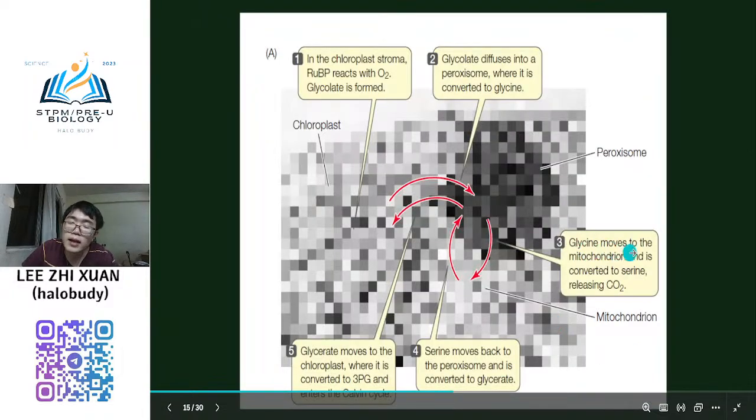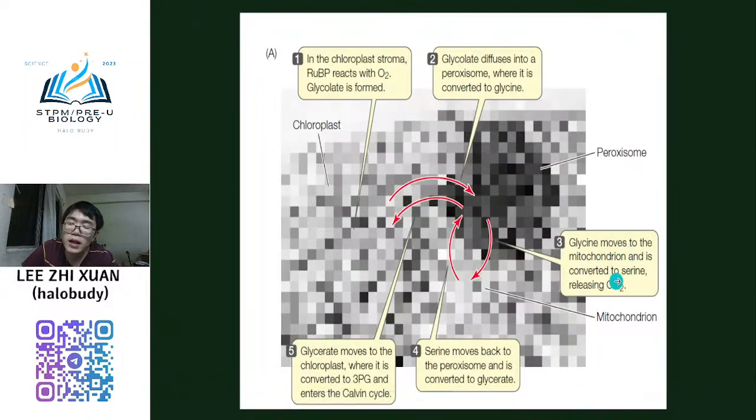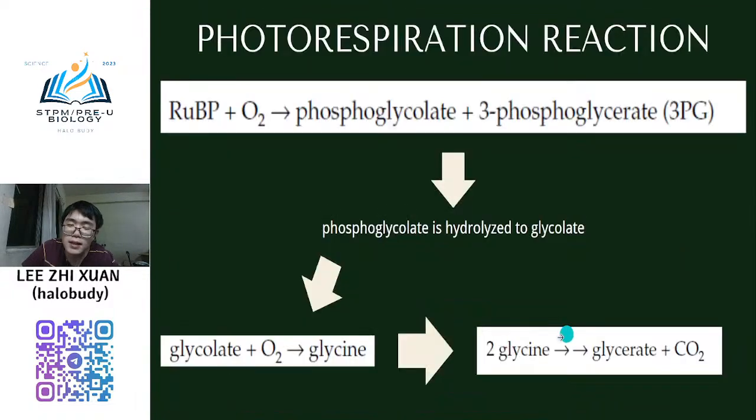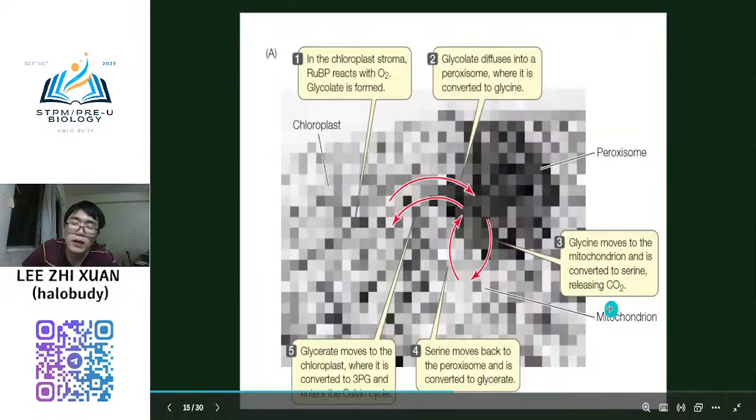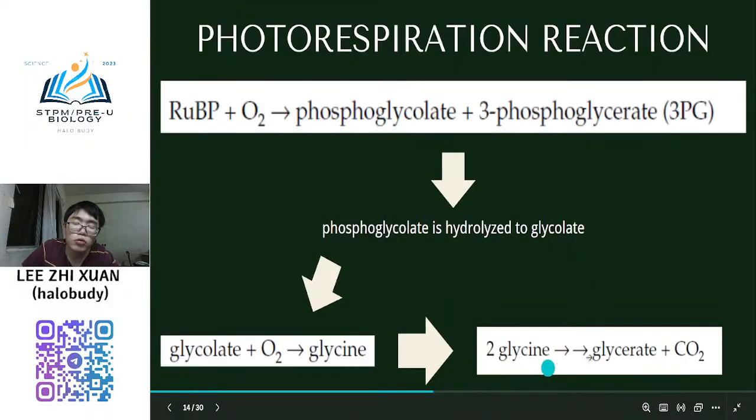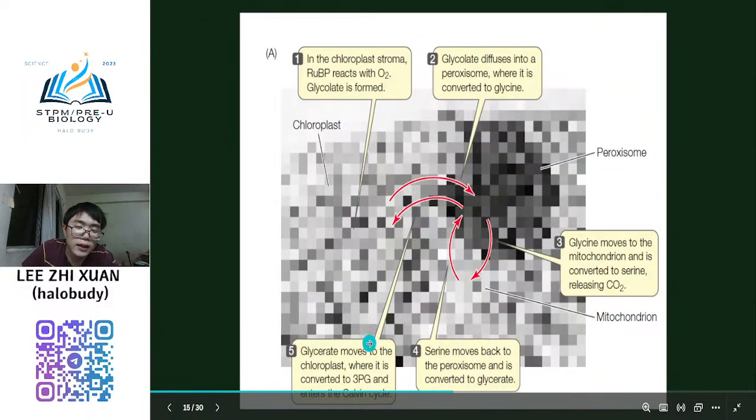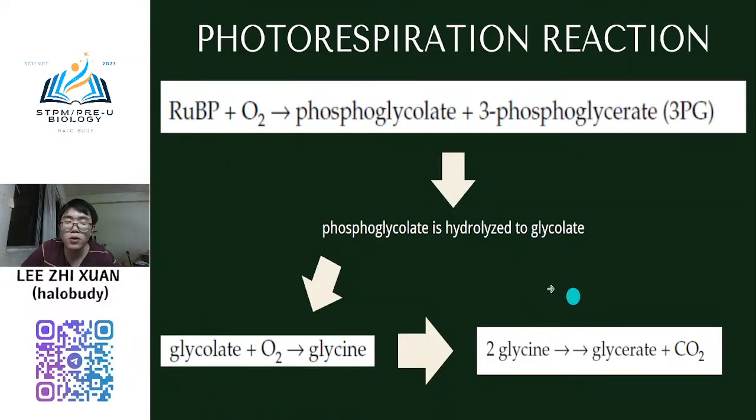And then glycine will move toward the mitochondria and is converted to serine, to release carbon dioxide. And then this serine will move back to the peroxisome to convert to glycerate. And then the glycerate will move to the chloroplast, where it is converted to 3PG and enter the carbon cycle. So this is the whole reaction actually. This one is more easy.